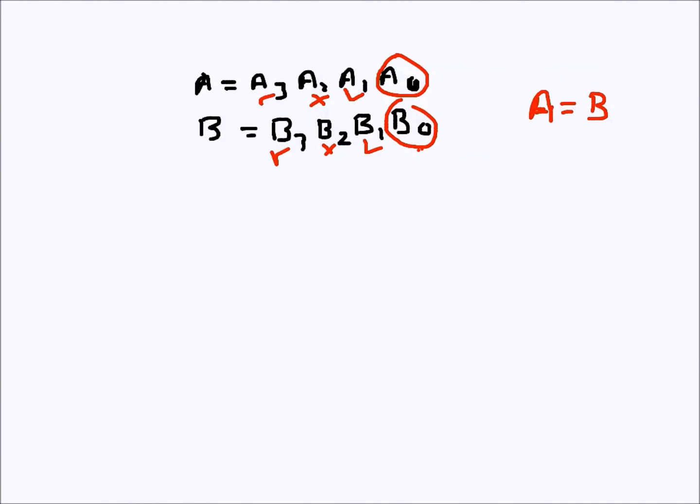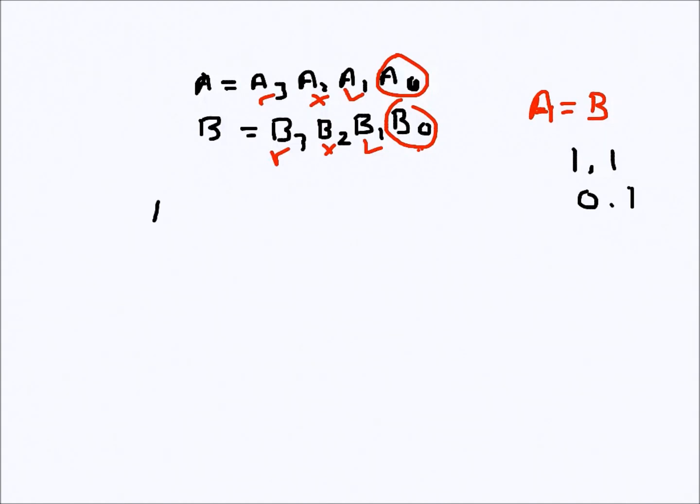If they are equal, that means either both of them are 1 or both of them are 0. So we build a circuit or a logic where the output is 1 when both of them are equal.